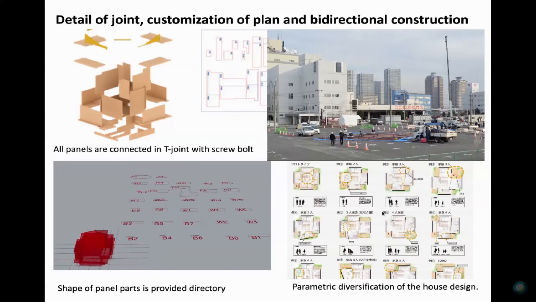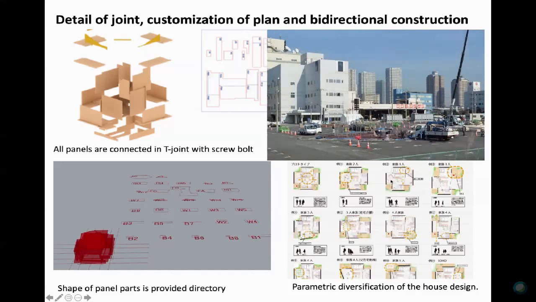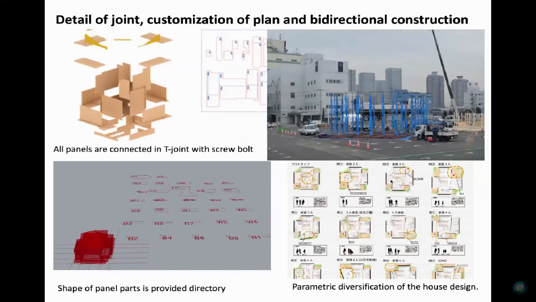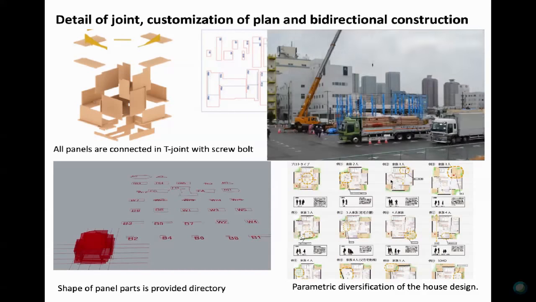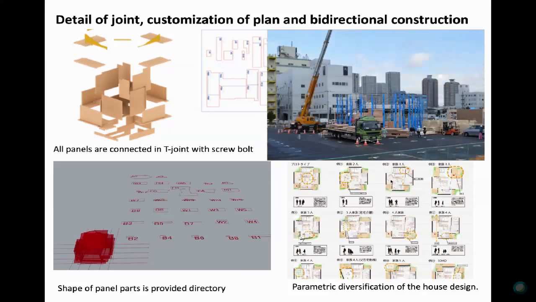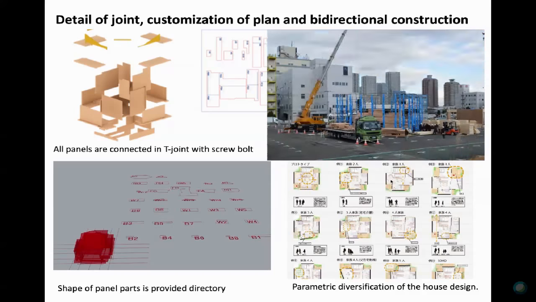It's very important to have many alternatives, as Professor Woodbury told us. In our case, since this is a kind of prototype of the house, it is very important to show how the same idea of construction technology can apply to many different types of houses, after keeping the joint detail or way of construction the same.